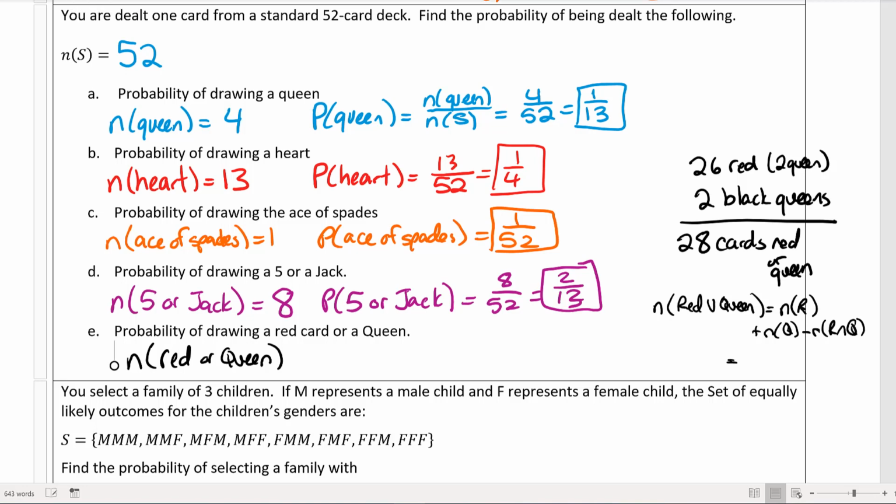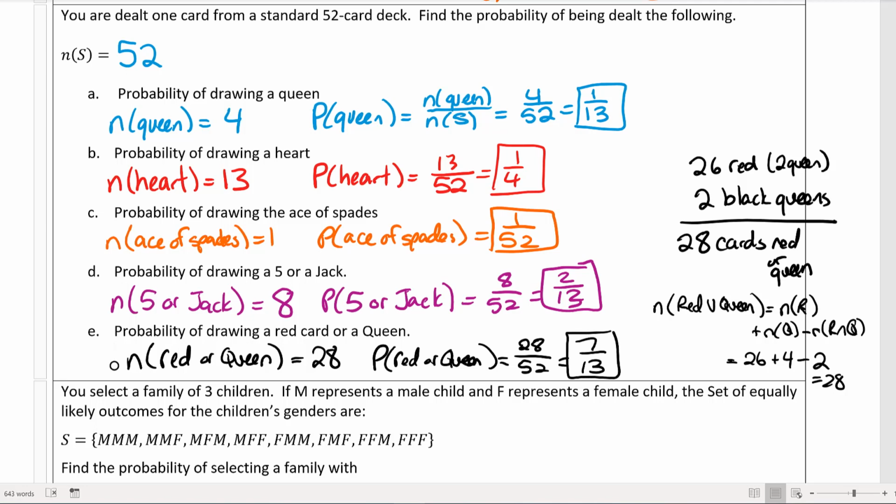So that would be 26 plus the 4 queens minus the 2 overlaps. We're still going to get 28. So the probability of red or queen is going to be 28 over the sample space, which is 52, and that reduces to 7/13 if you divide the top and the bottom both by 4.